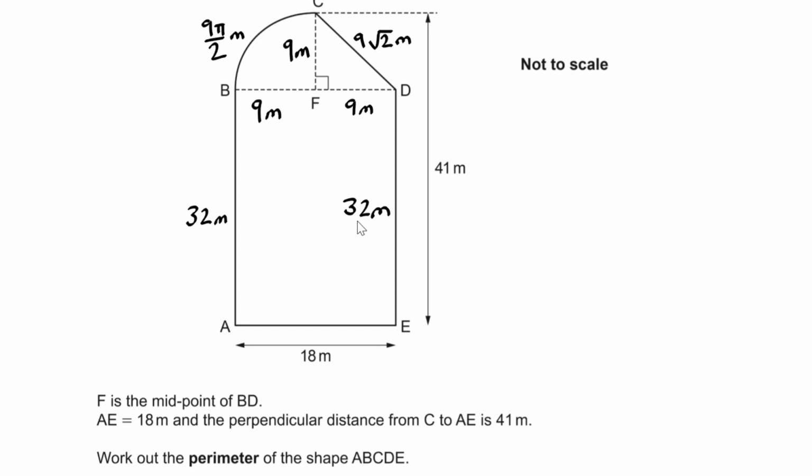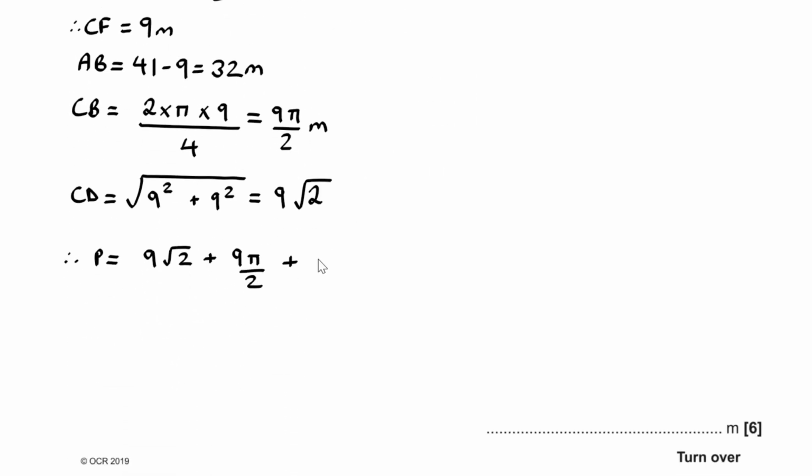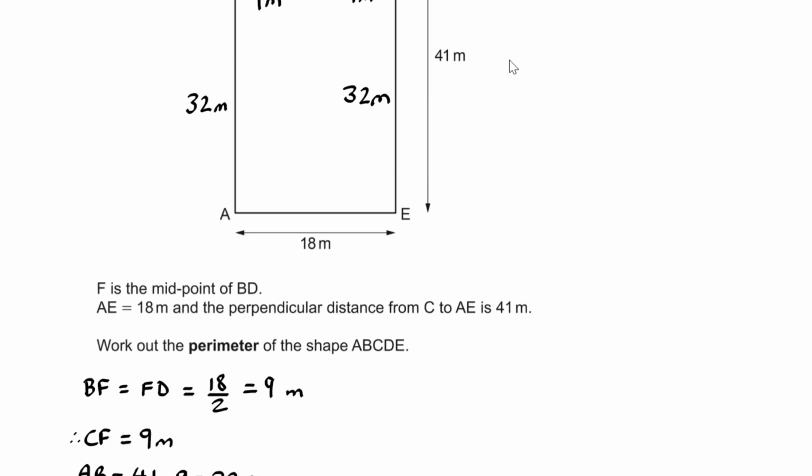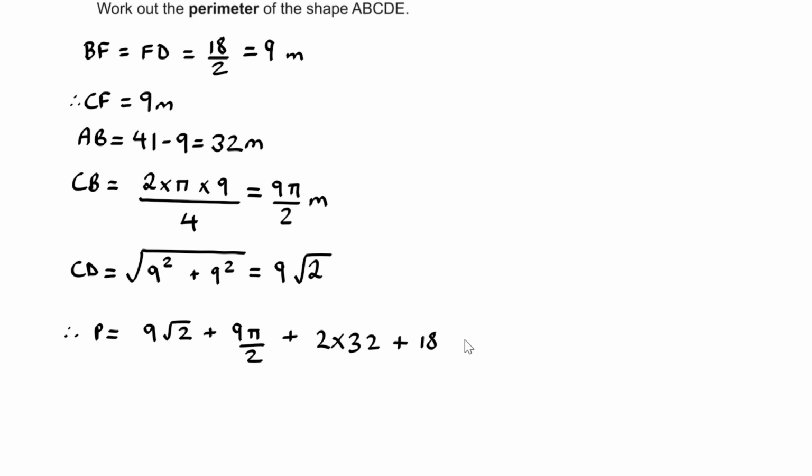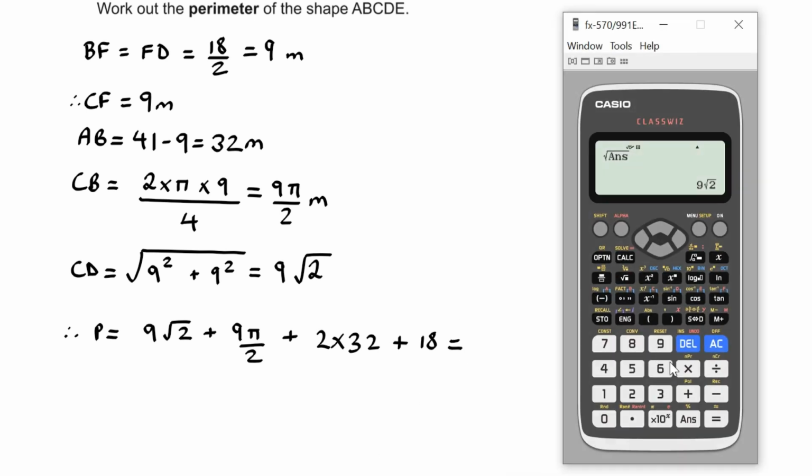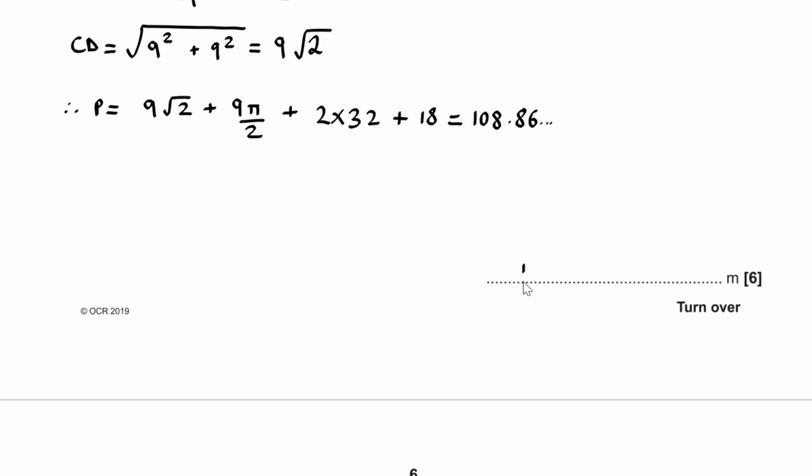So we've got 2 times 32 plus the 18. Now if we work all of this out, we've got 9 root 2 plus 9 over 2 pi plus 2 times 32 plus 18. It turns out here we get 108.86, etc. And therefore, if we round this to 3 significant figures, we have 109 meters.